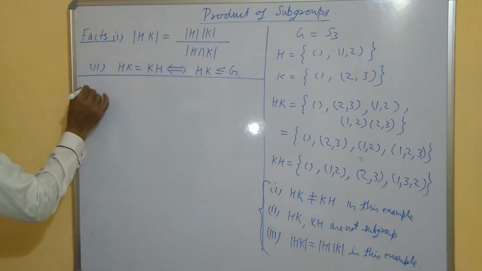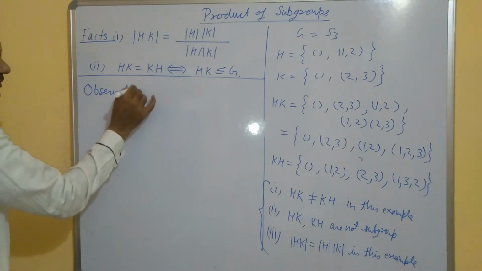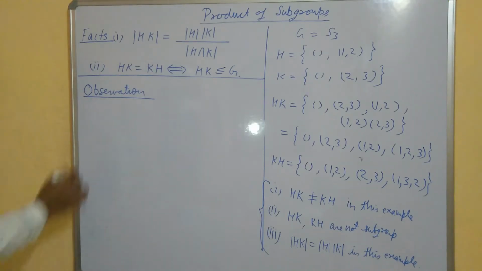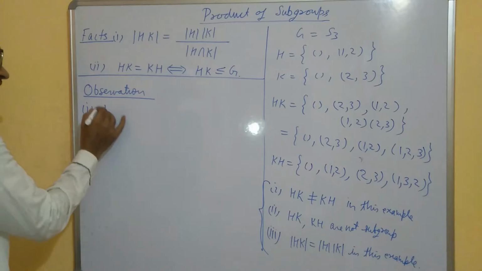So now let us observe some of the things. So observation number 1: define a map.